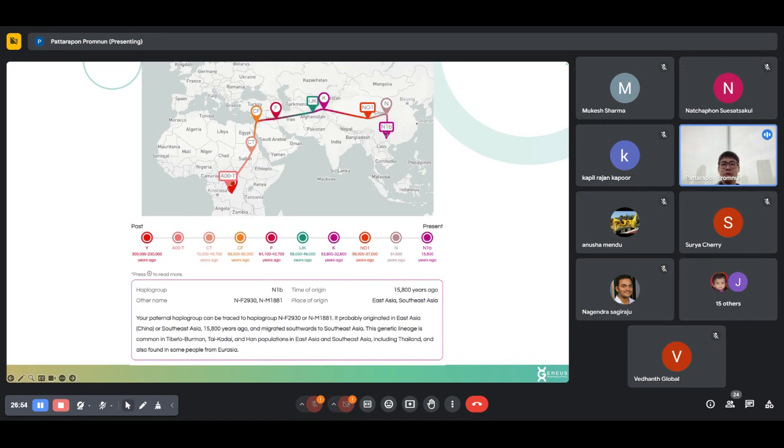So we have to get more information to trace more recent data. But for now, we can trace approximately 10,000 years. Actually, scientists around the world are studying haplogroups, so we can update more and more information as soon as we have new data.